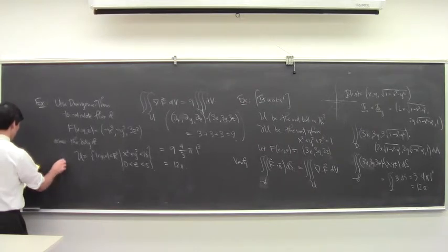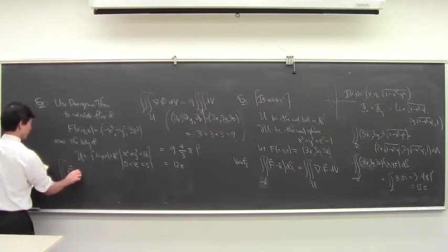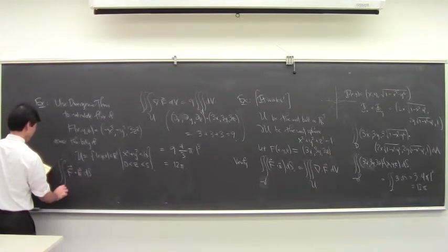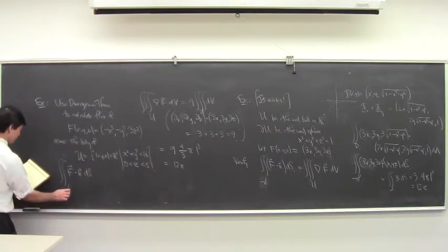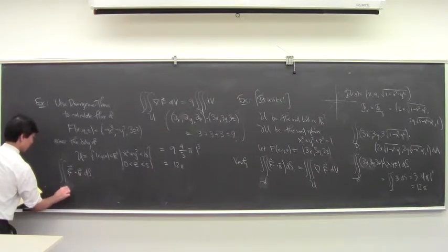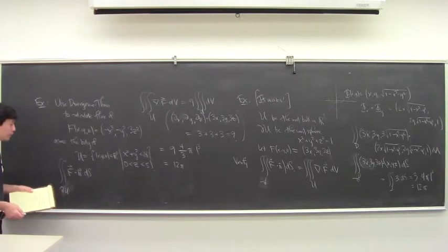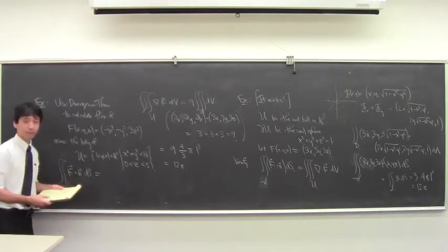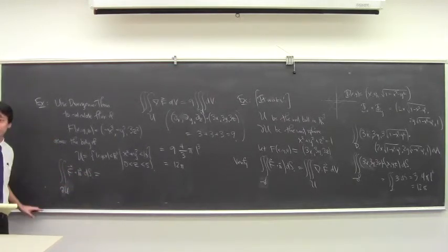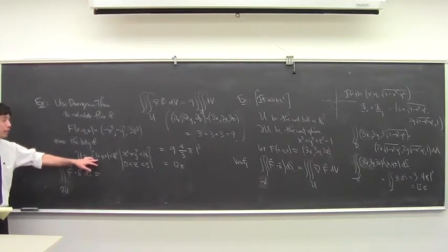So you're asked to calculate the flux across the boundary of this object. Of course, you're going to use the divergence theorem instead of working out parameterizations for the boundary of this thing.